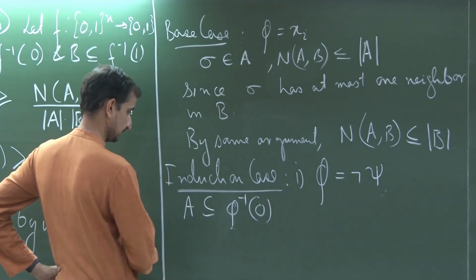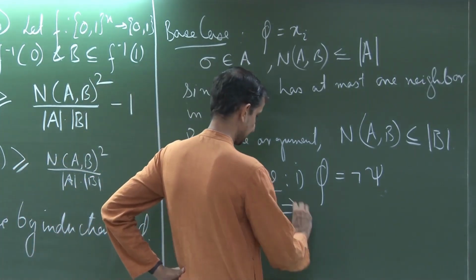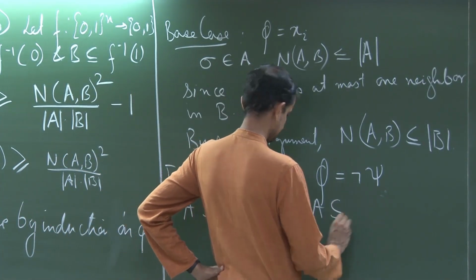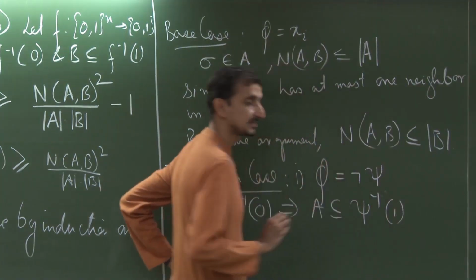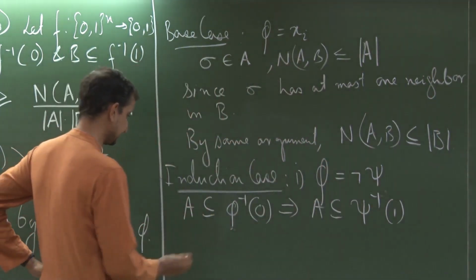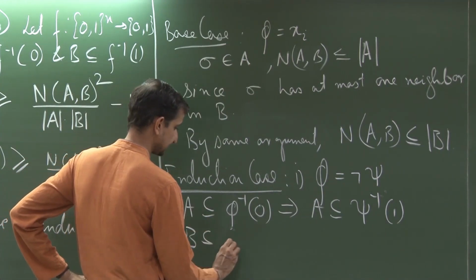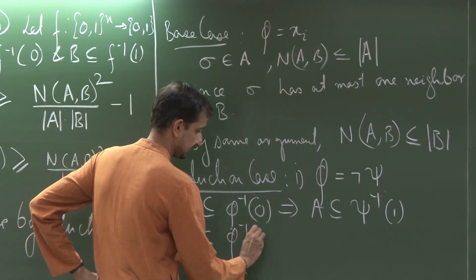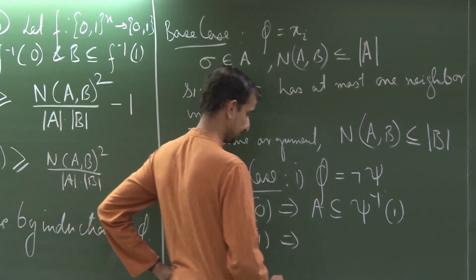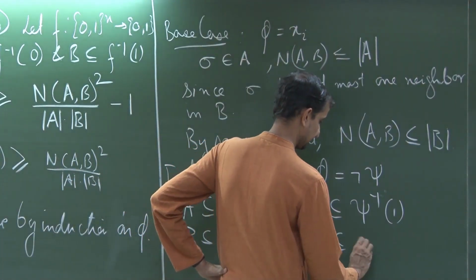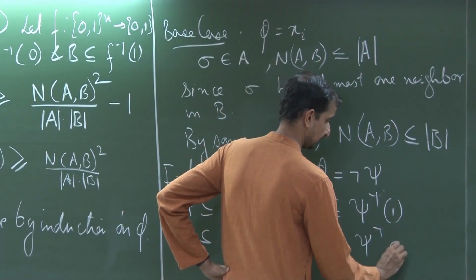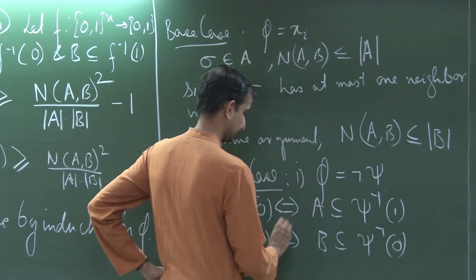So, if A is a subset of this, it implies that A is a subset of psi inverse 1. Okay. And similarly, if I have B which is a subset of phi inverse 1, it implies that B is a subset of psi inverse 0, and this is if and only if.